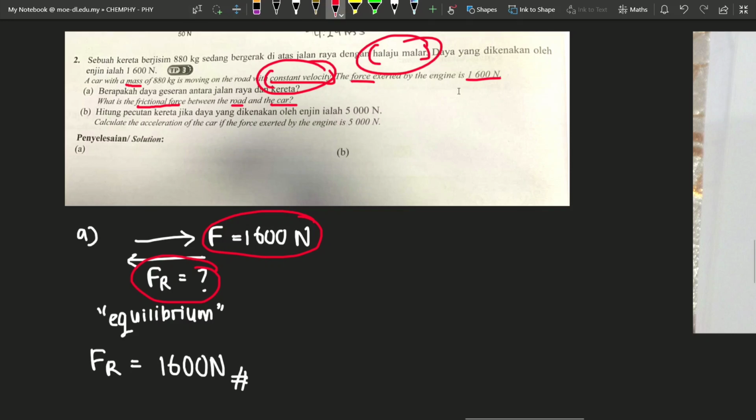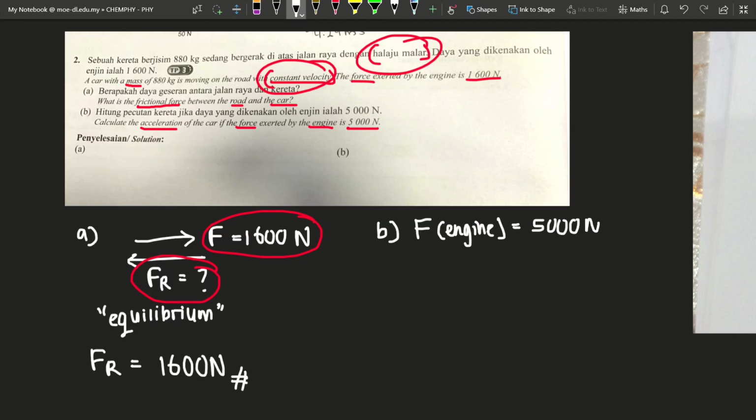So question B, the question asks, calculate the acceleration, pecutan, of the car if the force exerted by the engine is 5,000 Newton. So you know F by engine is actually equal to 5,000 Newton since the question gives us that. And F frictional force, daya geseran, is still the same, 1,600 Newton.